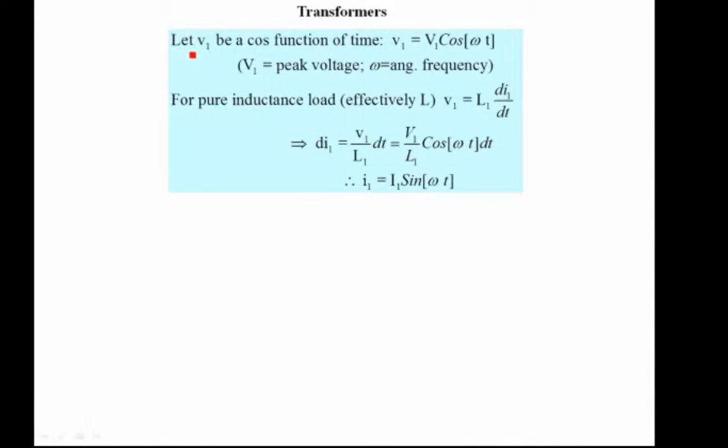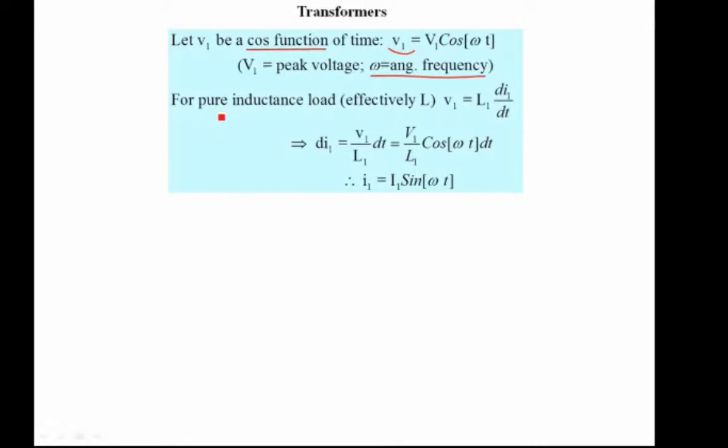So let's take a function for V1. Let's let it be a cosine function. So we can write it as V1 is equal to a capital V1 times cosine omega t. So that's an oscillation that has omega being the angular frequency and V1 would be the peak voltage.